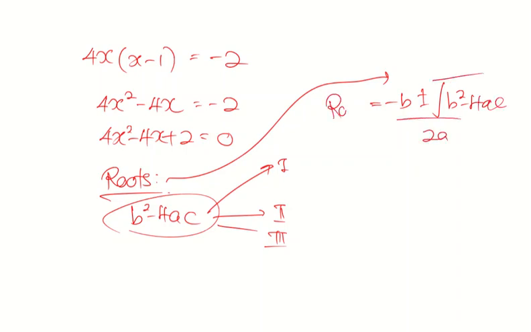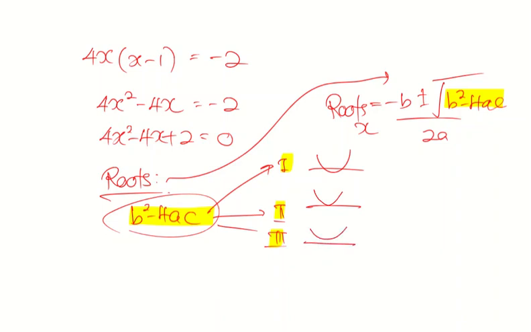This is the x value. Type 1 is two real and distinct roots, type 2 two real and equal roots, type 3 no real roots.